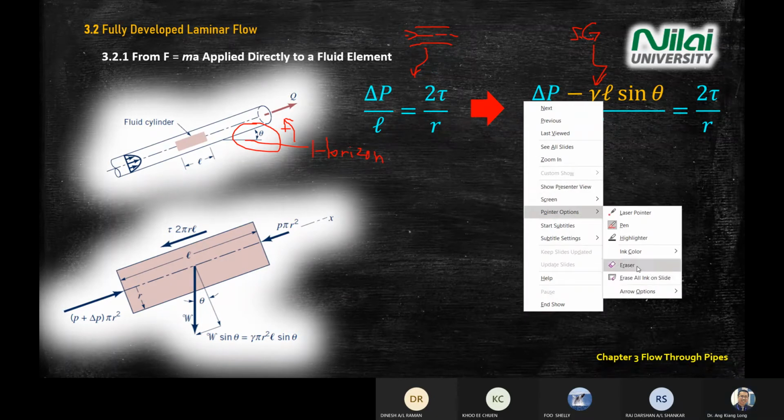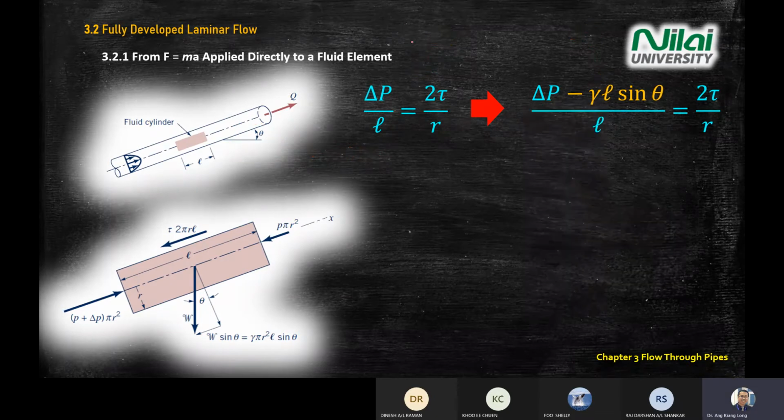So this is the horizontal pipe. On the left-hand side is the horizontal one, and the right-hand side is slanted with an angle. You just need to add the orange color equation inside the equation. It is the same with the velocity. We also proved earlier in the horizontal pipe scenario that V equals this one.